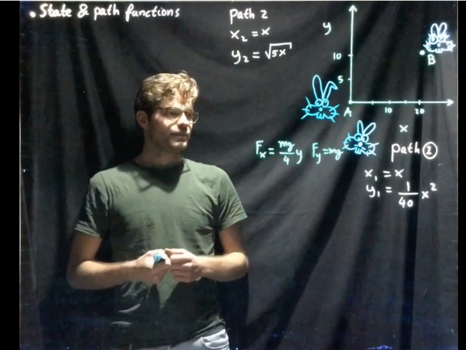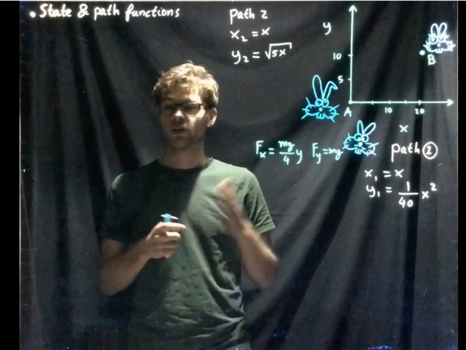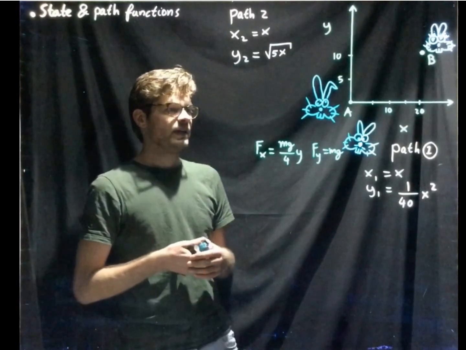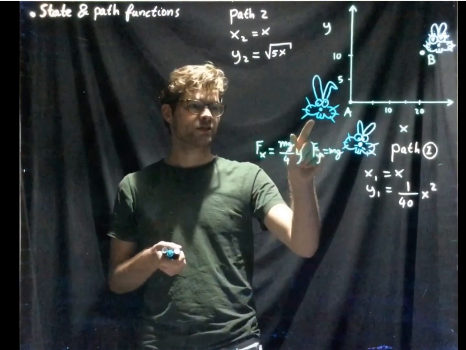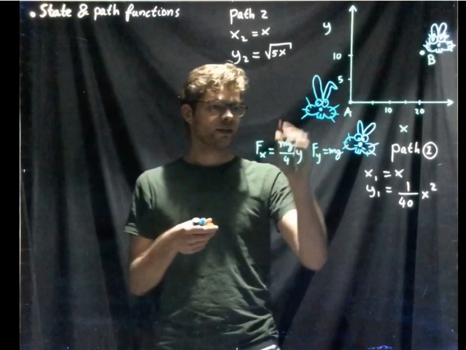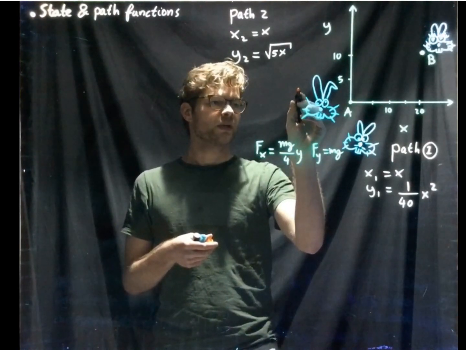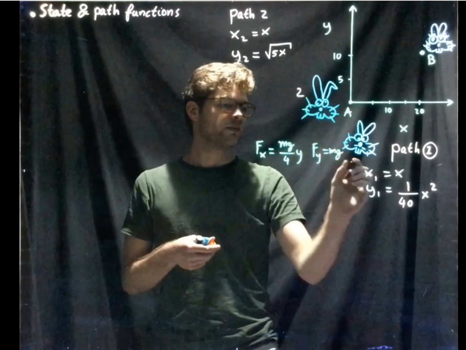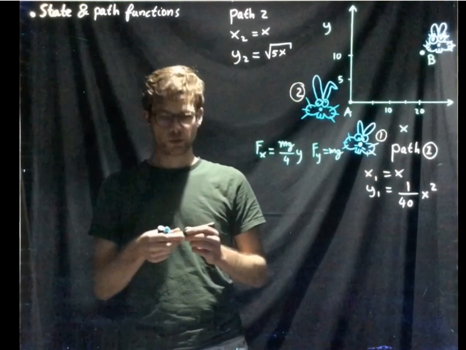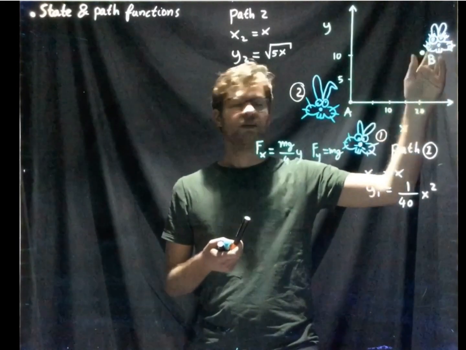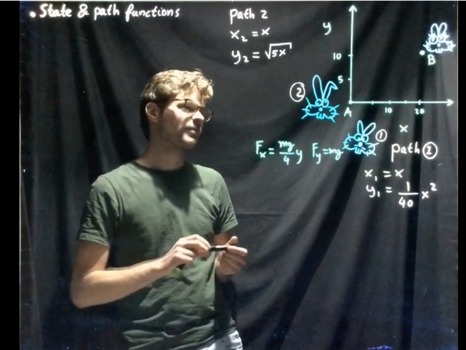Okay. Over here we have another mountain, and on this mountain there are two male rabbits, rabbit 2 and rabbit 1, and they both want to get to a very pretty female rabbit over there.